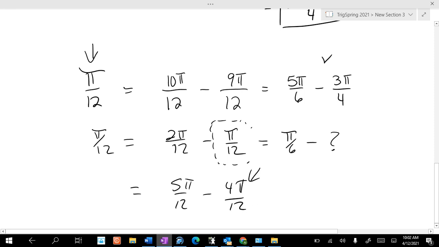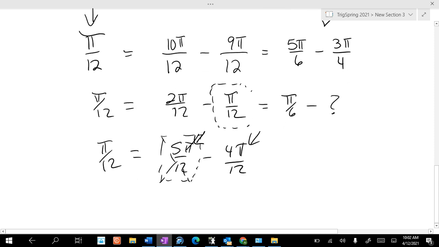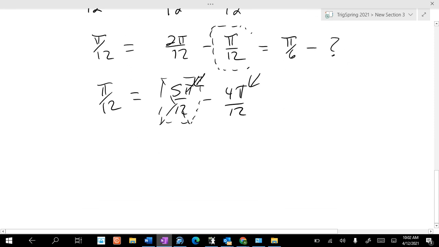It's pi over 3. This is not on the unit circle, so it does not work to make pi over 12. So you'll have to be careful there, okay? So if we wanted to find, like, 13 pi over 12, what two numbers would we add up to make 13 pi over 12 that are on the unit circle?